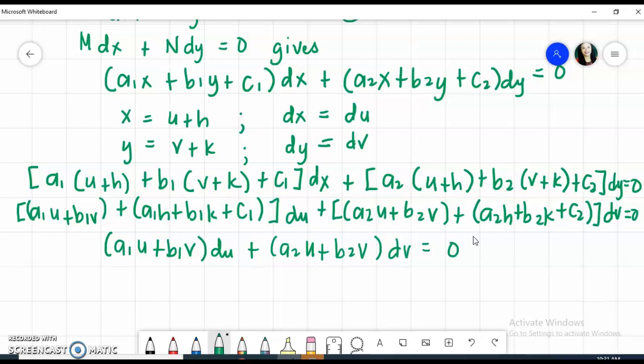The transformed preceding equation is now solvable by homogeneous equation methods. Note that upon substituting u plus h and v plus k for x and y respectively, the transformed equation contains no constant term. Now, let us try to solve this one.